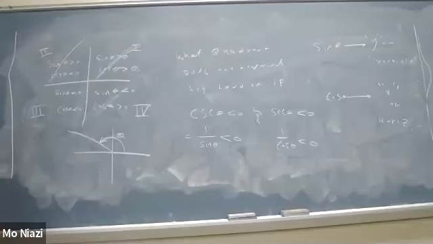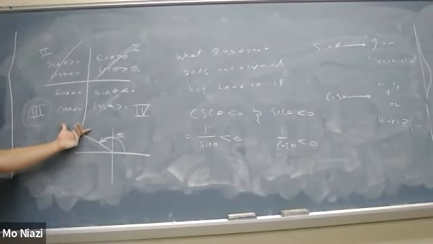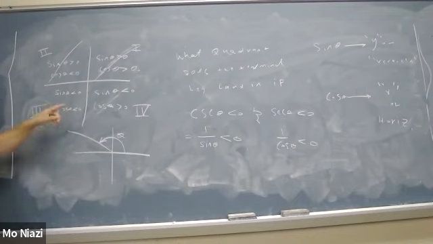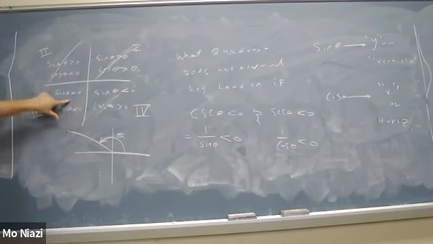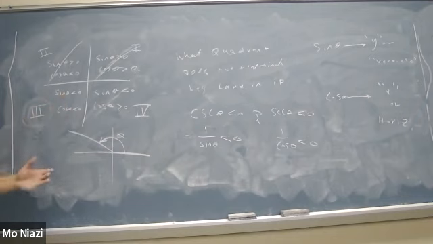So out of 3 and 4, why is it the third quadrant? Because both sine and cosine are negative in the third quadrant. Correct. At this point, both quadrants have negative sine.